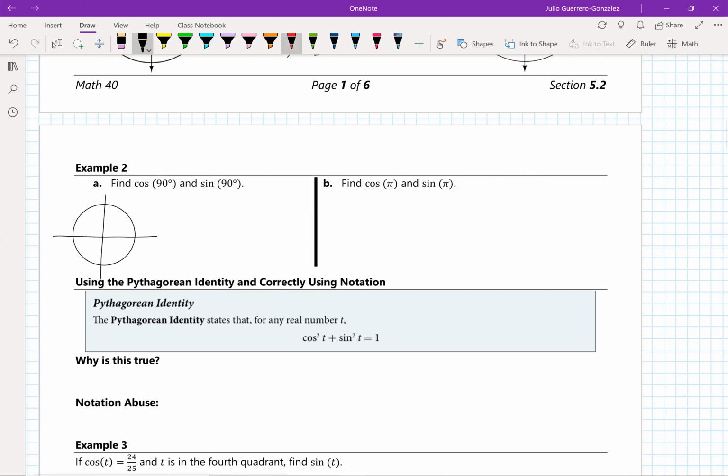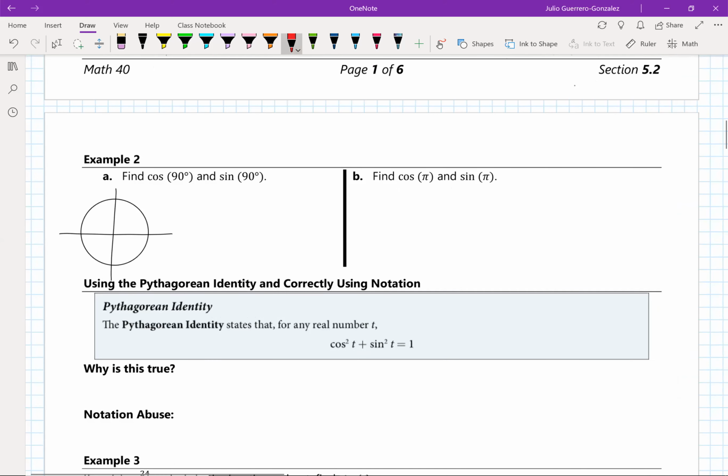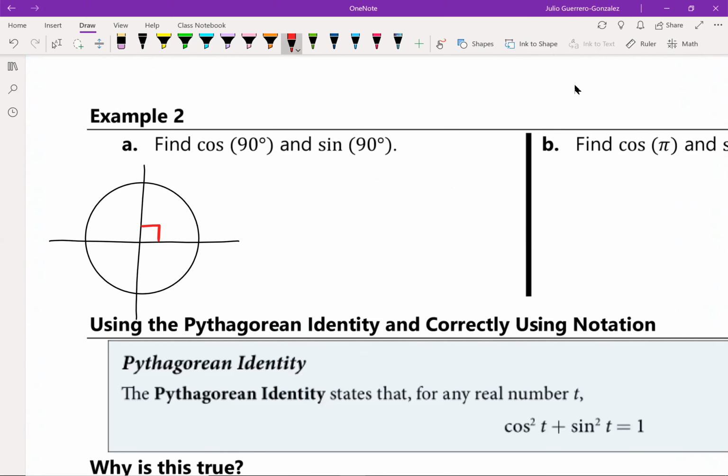That is this bit right here, this point up here. So we know that that point is 0, 1. Got it? So our sine of 90 degrees is going to be the y coordinate, which is 1. And the cosine of 90 degrees is going to be 0. And we're done with those.